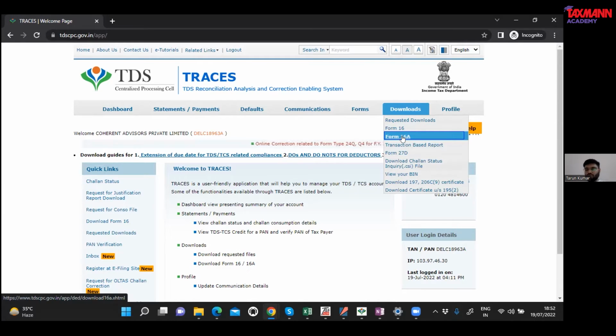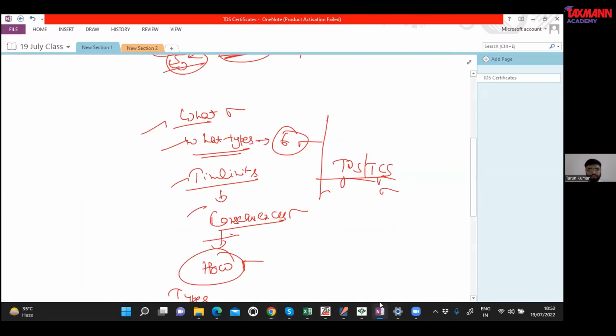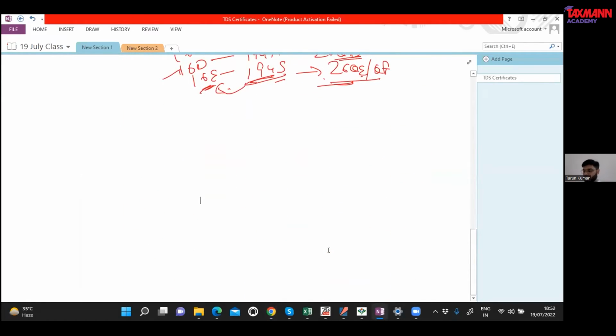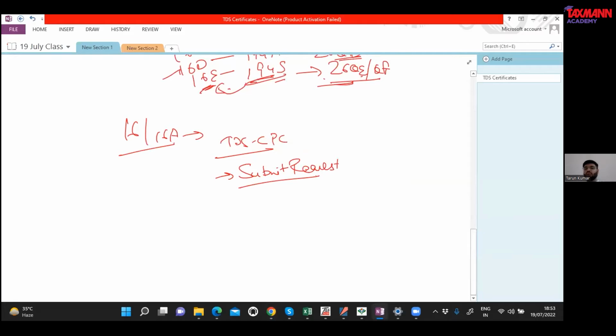So I'll just show you how to do it. While downloading these TDS certificates in form 16 and 16A, you need to visit the TDS CPC portal. The first step is to submit the request to download these certificates.